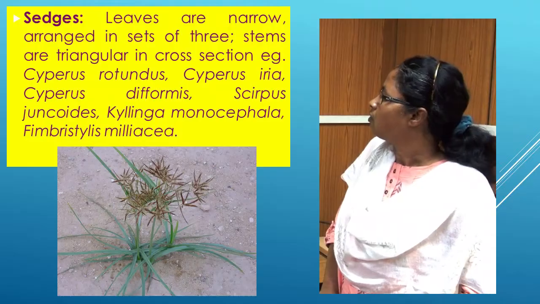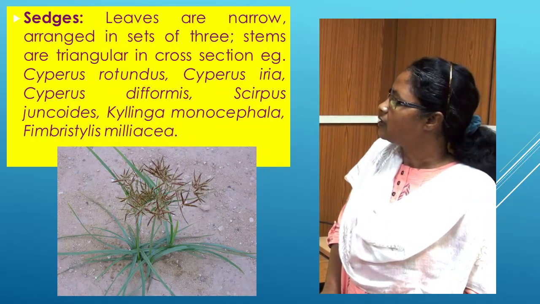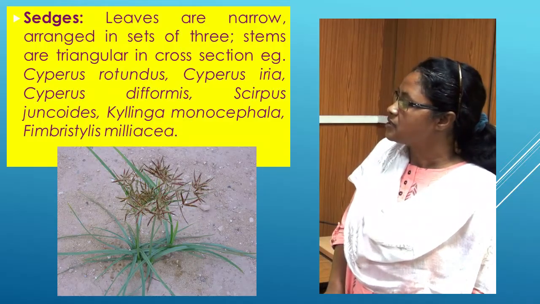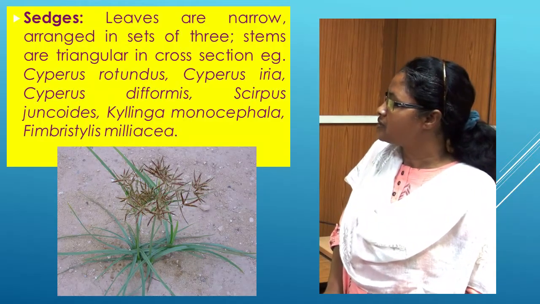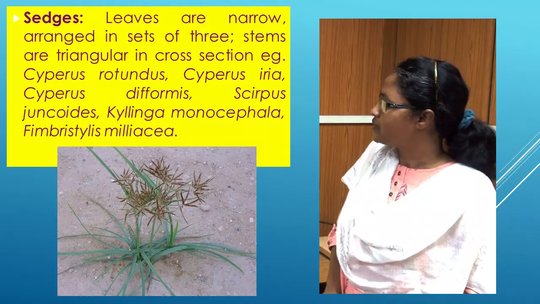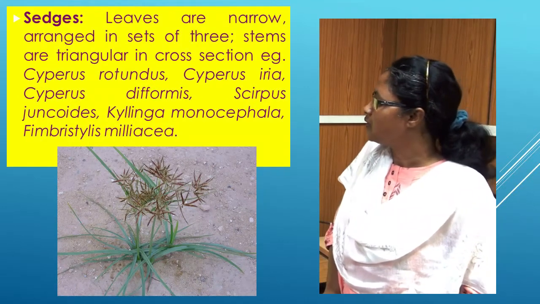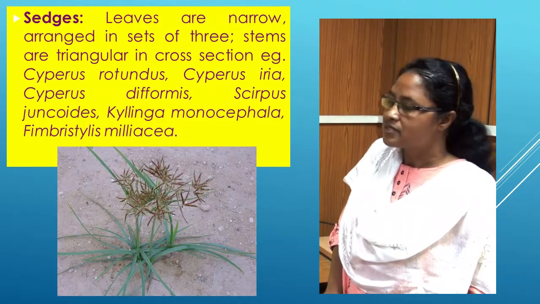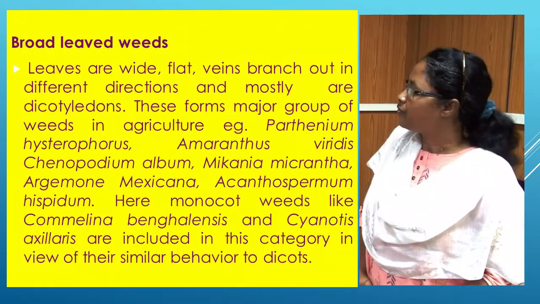Sedges: leaves are narrow, arranged in sets of 3. Stem are triangular in cross section. Example is Cyperus rotundus, Cyperus iria, Cyperus deformis, and Scirpus species, Kyllinga monocephala, Fimbristylis miliacea. Broad-leaved weeds.